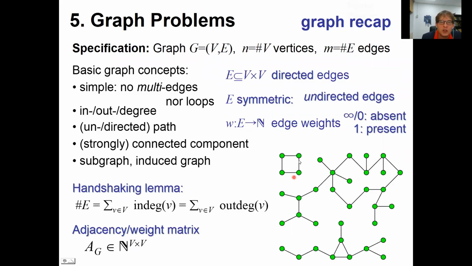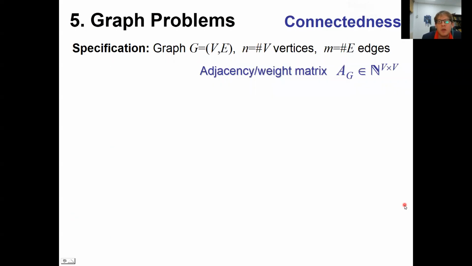We cannot get from here to here, nor to here. So as an algorithmic problem, given a graph as input, can we find out whether this graph is connected or not? Whether it's possible to get from any start vertex to any target vertex at all.